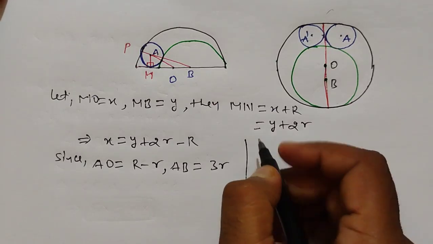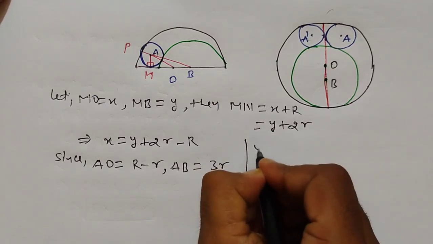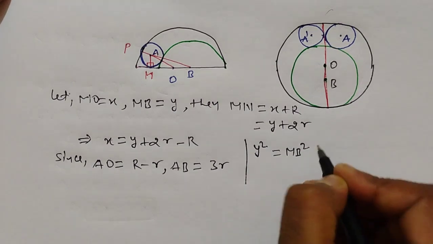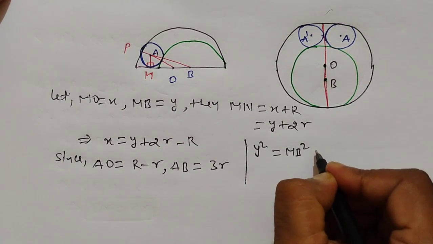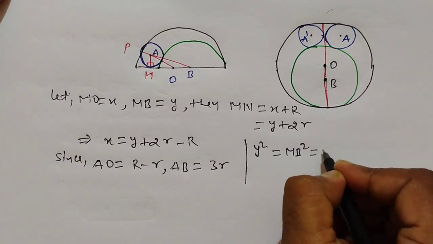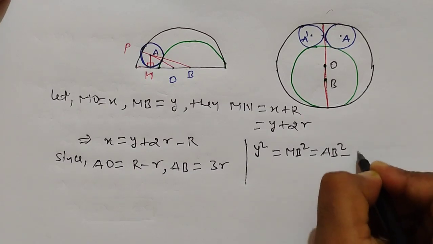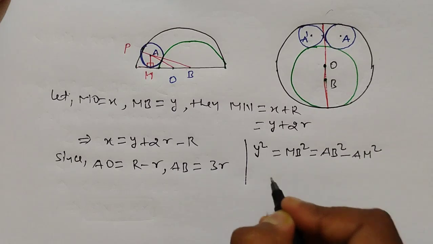then by the Pythagoras theorem we can relate this as simply y squared is equal to MB squared, and this is equal to AB squared minus AM squared.